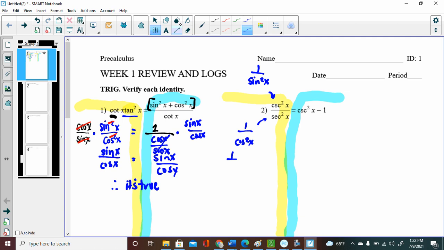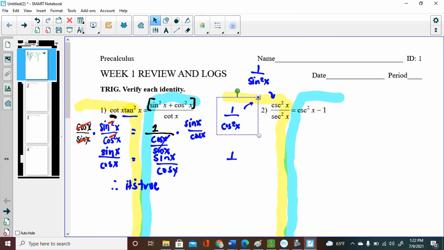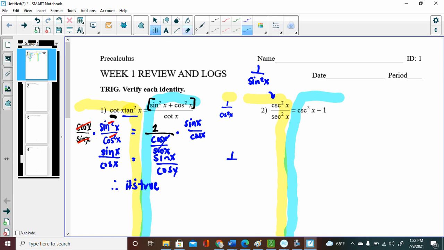Actually, let me take this and pop it up right here. Make this smaller. So I'm going to erase this and put a little arrow. All right, so that makes it easier for me to go back through and write stuff.